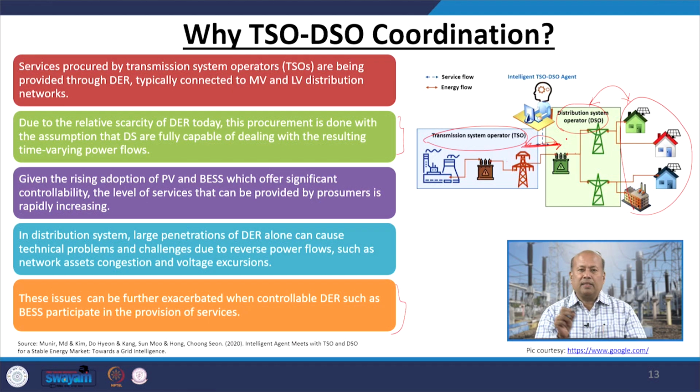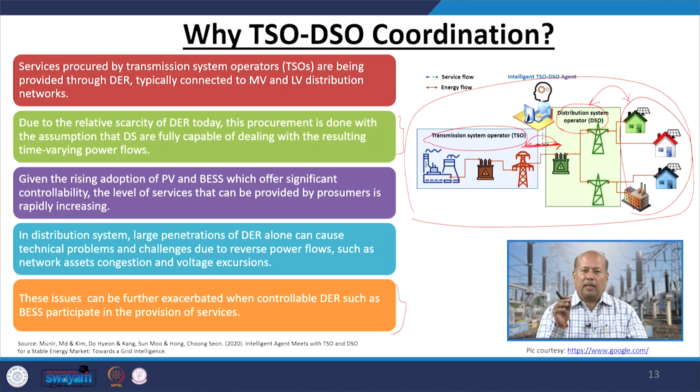So, there is an intelligent DSO agent which can communicate on both sides to make sure that the overall consumers of the distribution system and transmission system, along with the industrial consumers, benefit because of this coordination and exchange of information.